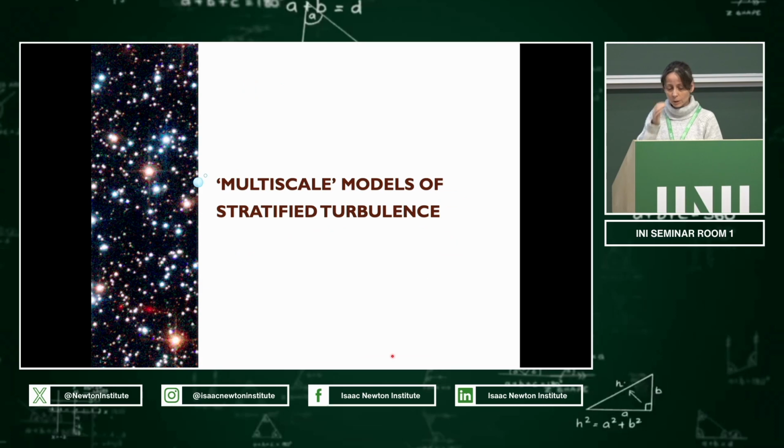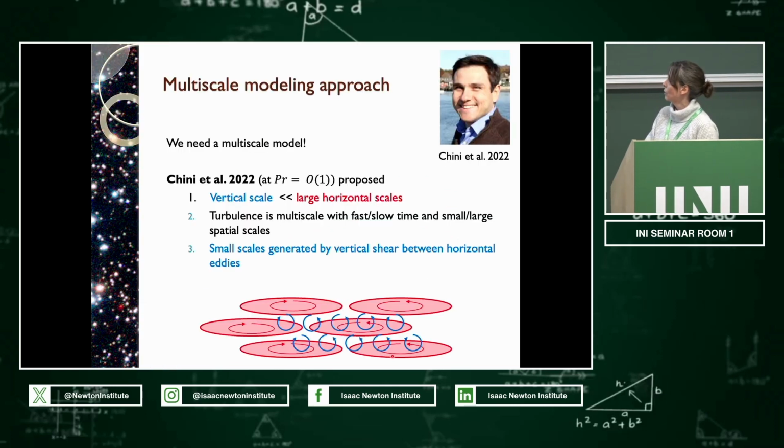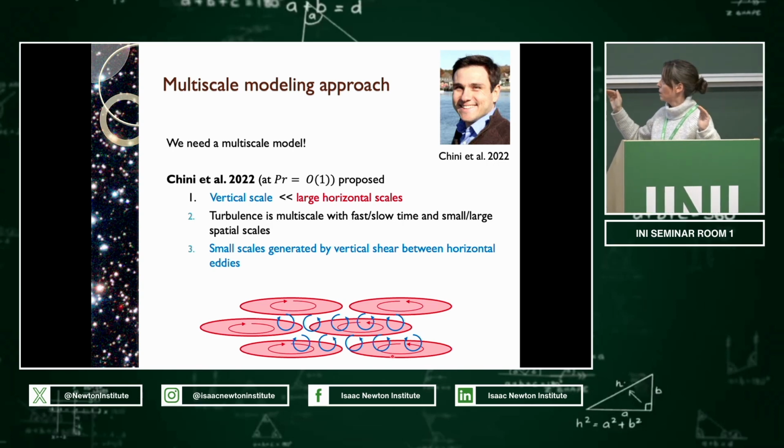And that was the argument put forward by Greg Chini and colleagues not that long ago, and I believe he presented that work 2 years ago at the Newton as well. KITP, right. So the idea that they argued is that really a multi-scale model is needed, where, yes, we do have the vertical scales that are much smaller than the large horizontal scales, but we also need small horizontal scales because we see them.